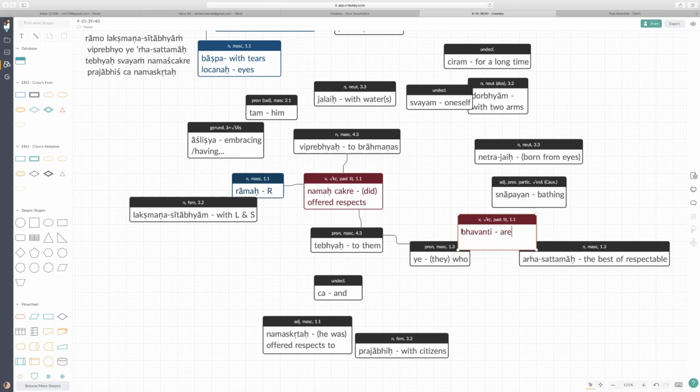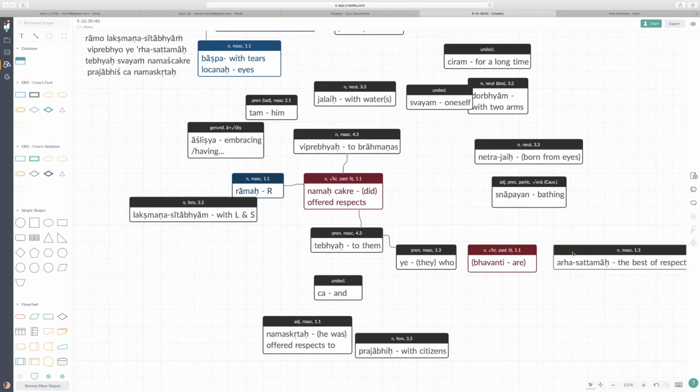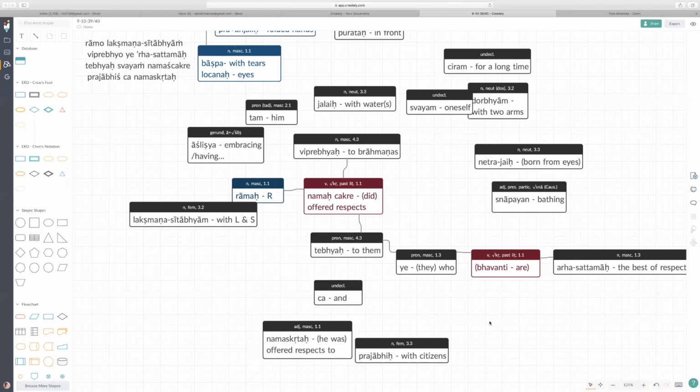And this is all implied. It's not there directly, but it is there actually. Those who are the best of respected people, to them Rama also offered his respect. So this is how it goes.